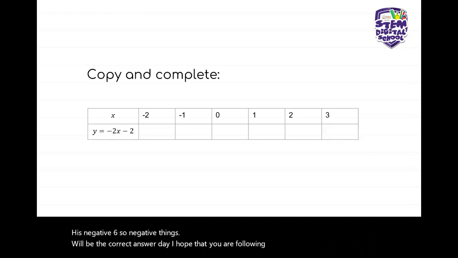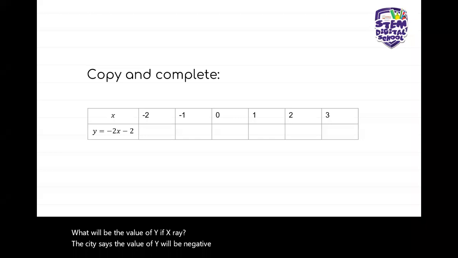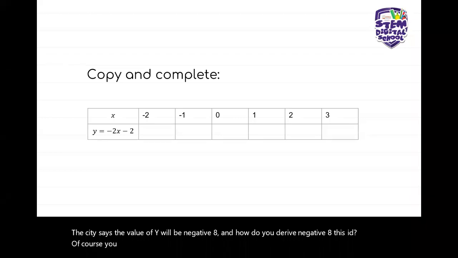So the last one, what will be the value of y if x is 3? Lesedi says the value of y will be -8. And how do you derive -8, Lesedi? Of course, you multiply 3 by -2 to get -6.